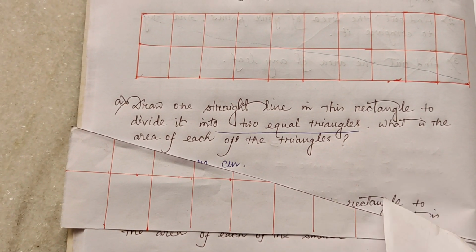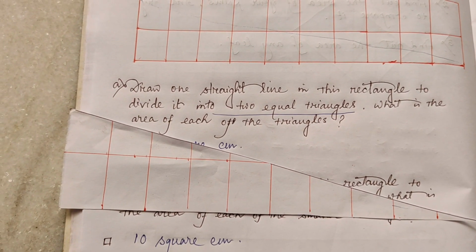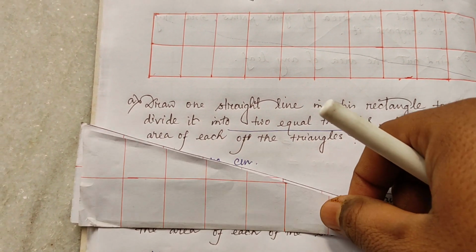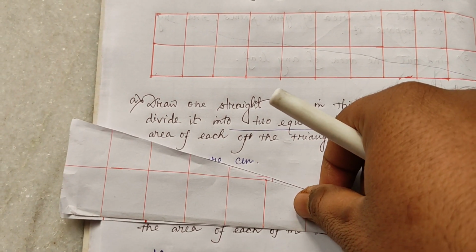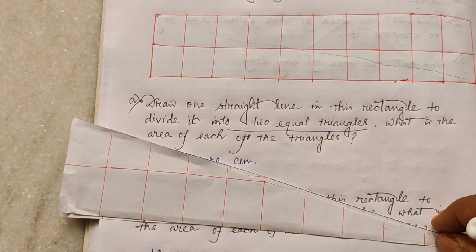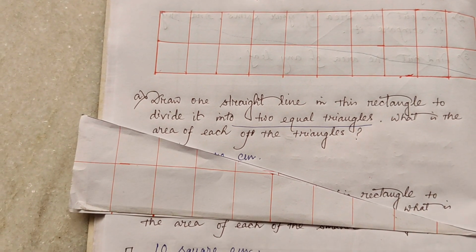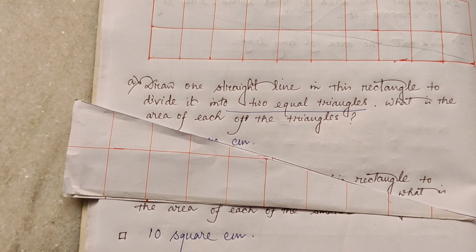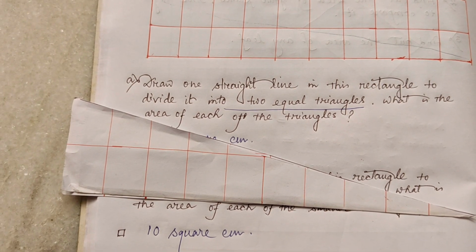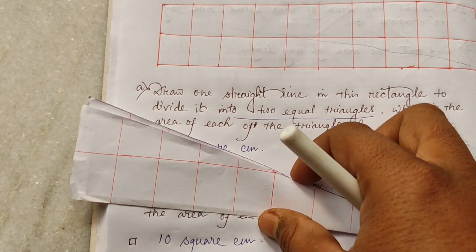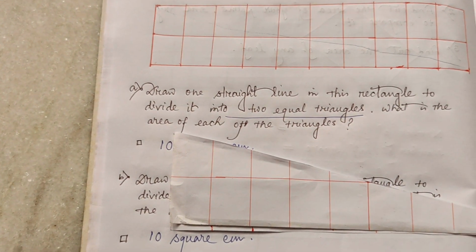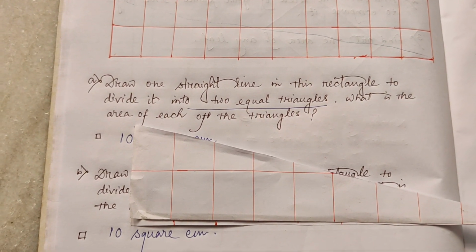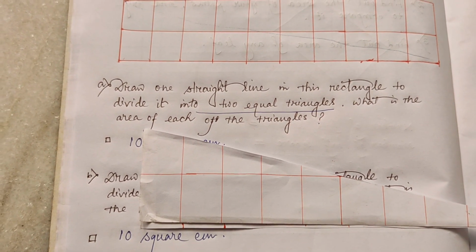How can I check that these two triangles are equal? If I put one on another, it will coincide. So these two triangles are equal in length and equal in area. And what is the area of each triangle?